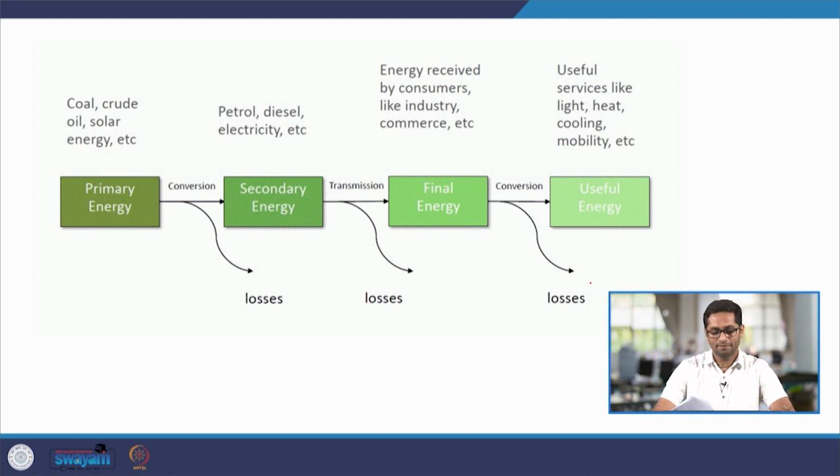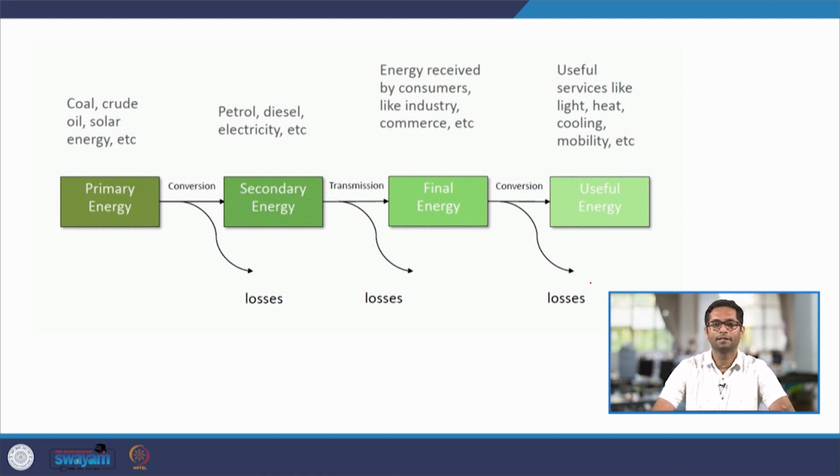This secondary energy then needs to be transmitted to the end users like you and me. It is basically bulk energy storage, either in oil tanks and oil bunkers, or the electricity available at the conversion centers. Finally, this reaches our homes and industries, where we make use of this final energy.